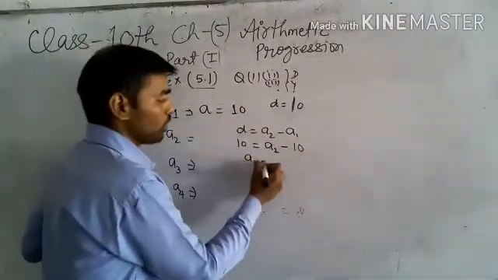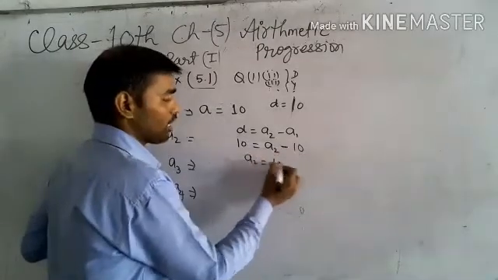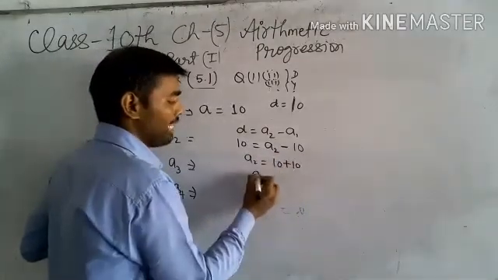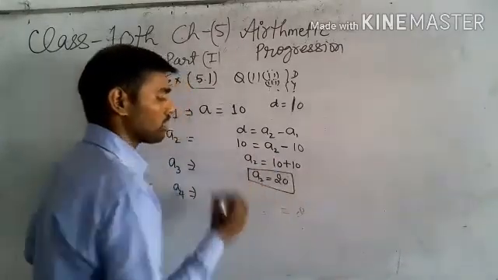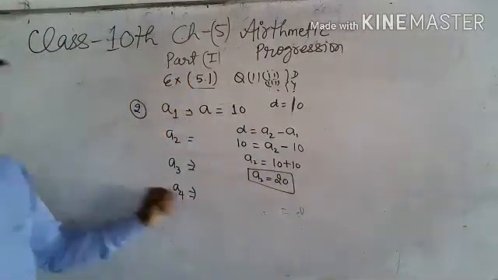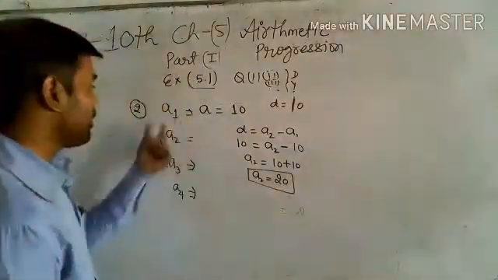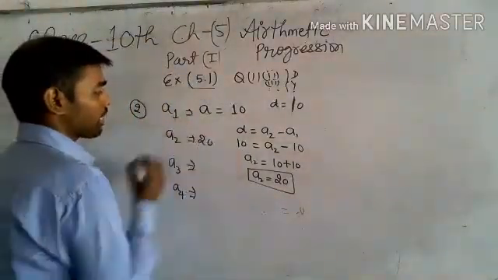So A2 is equal to 10, and by transposition the minus becomes plus, so A2 is equal to 10 plus 10, that is 20. Now A2 is equal to 20.